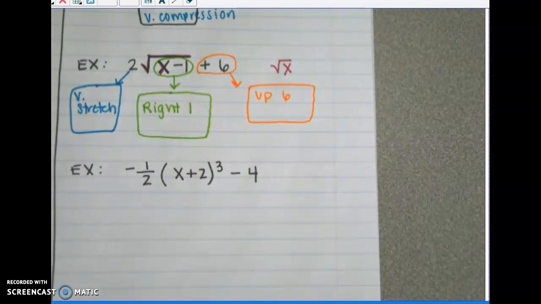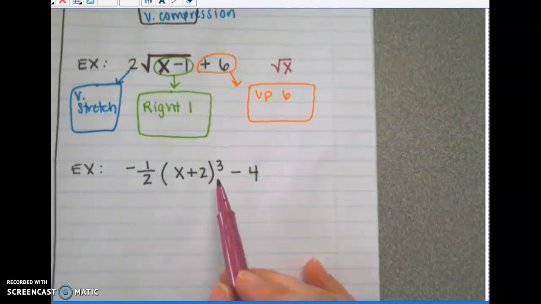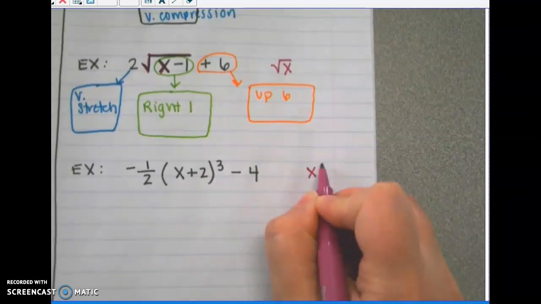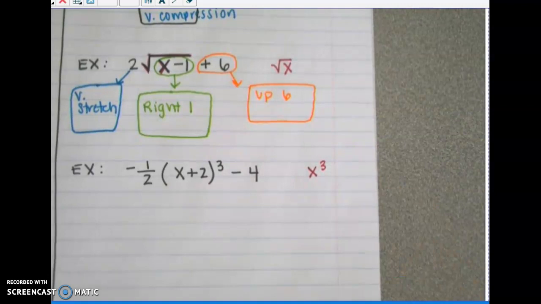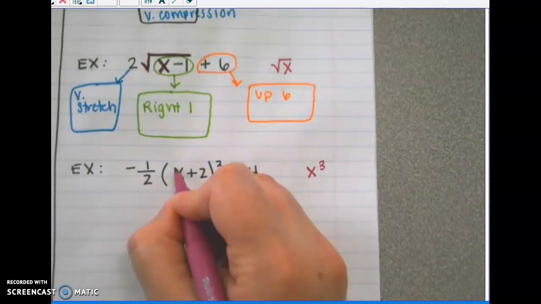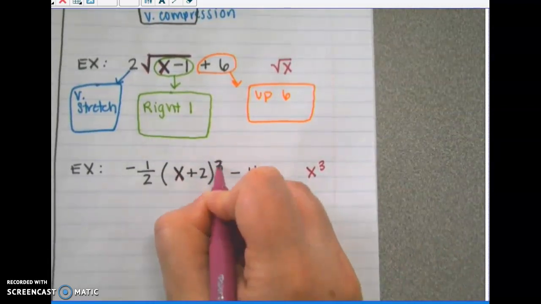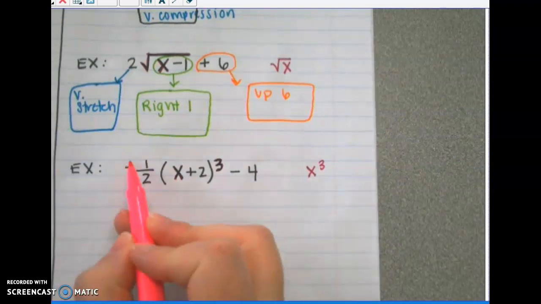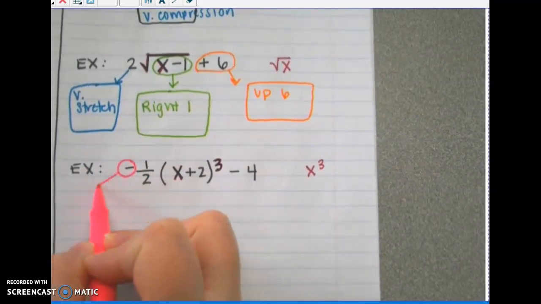All right, so you should be able to recognize that this equation is cubic because it has the power of 3. So the parent function is x to the power of 3, which means this is not a transformation. Those two things are making it cubic. Everything else is a transformation. So negative actually does its own thing.